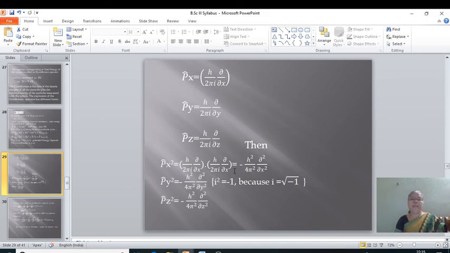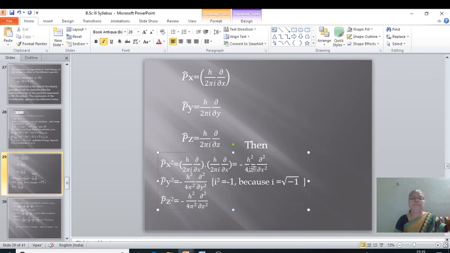And this minus sign is because of this i into i, which is i square, and it is equal to minus 1, because i is equal to the square root of minus 1. So we have this negative sign.